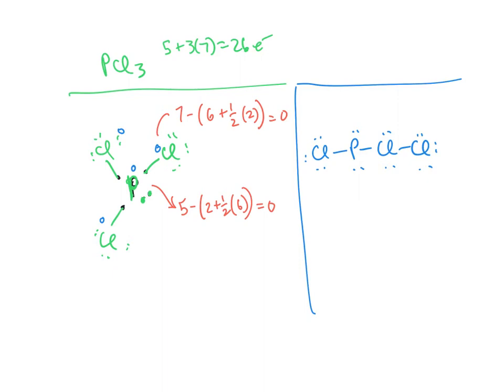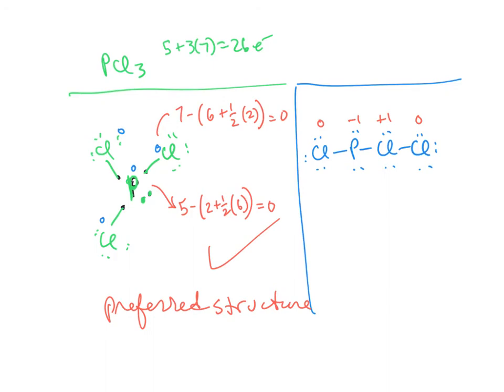If you go through the same thing, you're going to find that the formal charge on the chlorine on the left is going to be 0. The phosphorus in the middle is going to be -1. The chlorine in the middle will be +1, and the chlorine on the end will be 0. So the answer is this one, the preferred structure, because you have all zeros versus ones and zeros.